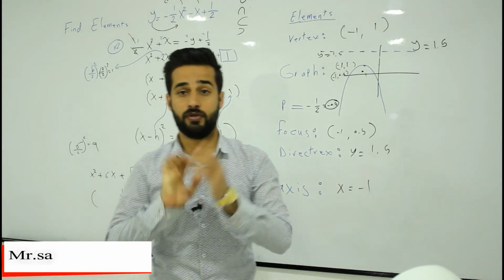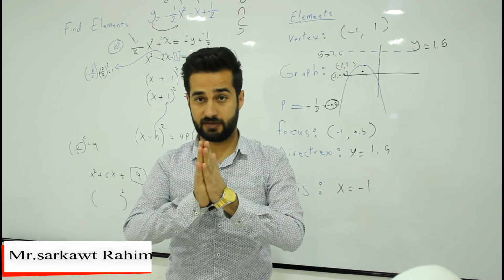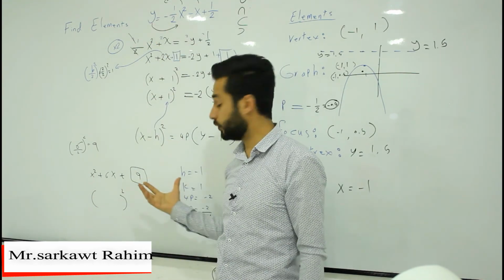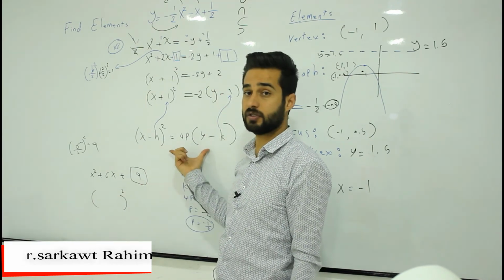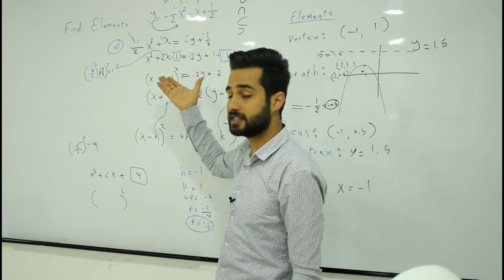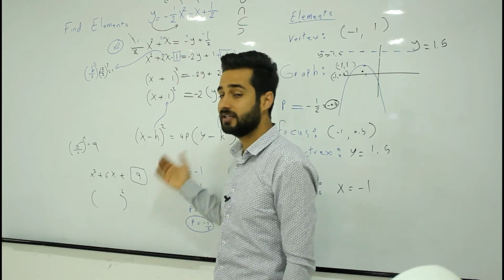Guys, I hope you understand this, but don't forget, first you have to think about which rule to change to. You have to focus on the general rule and change step by step until you get the general rule.